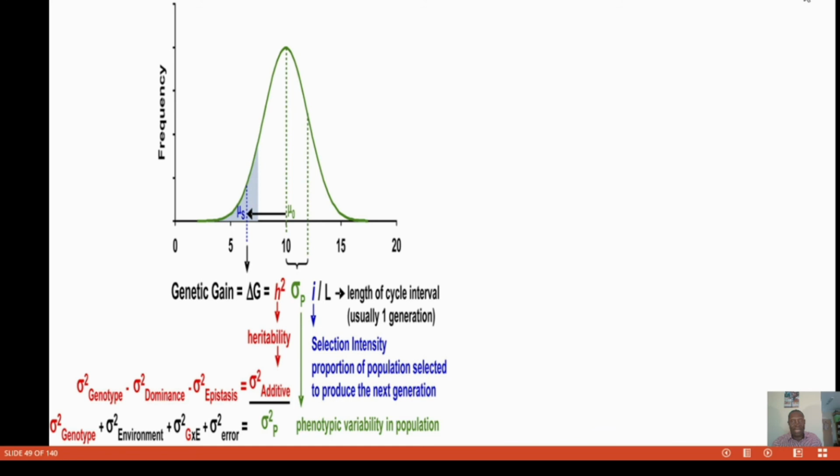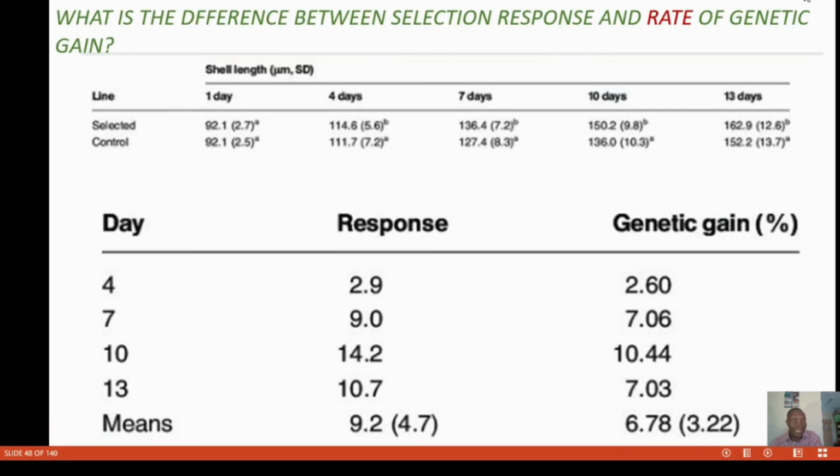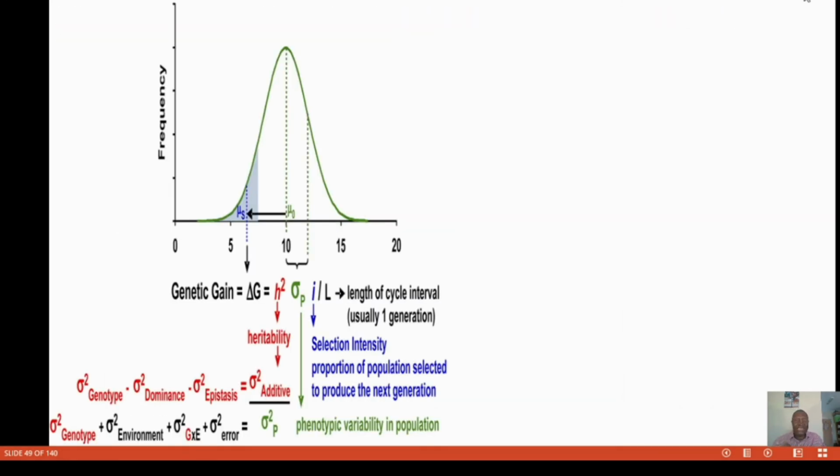The genetic gain that we have just seen in this is calculated by this formula, and it is very important for us to see how that formula is closely related to the issue of the breeder equation or favorite equation. We have the selection intensity there. We have the length of the cycle interval. Remember that formula with this, the heritability by the sigma p and the I over the L.